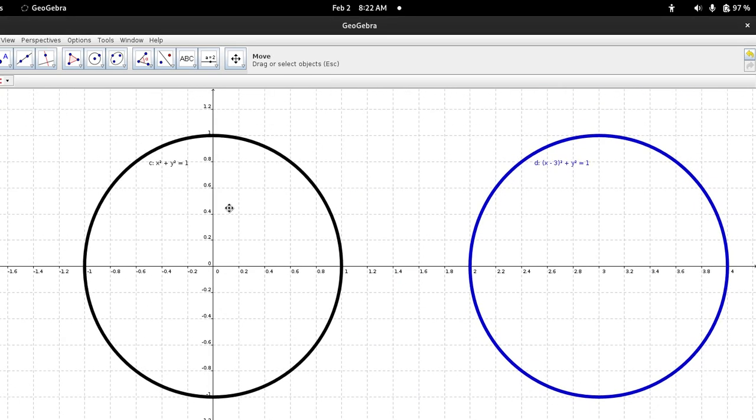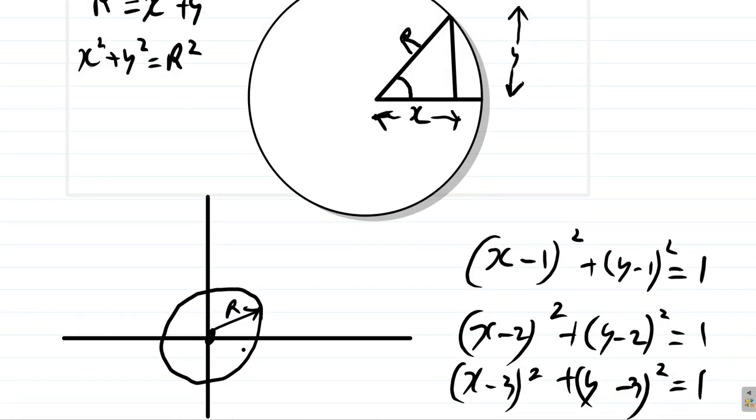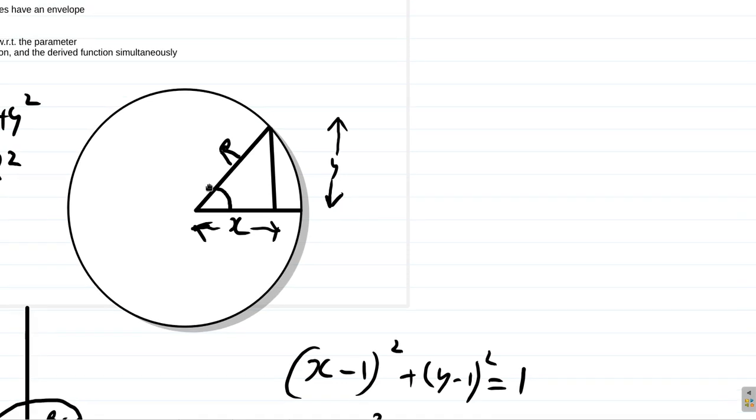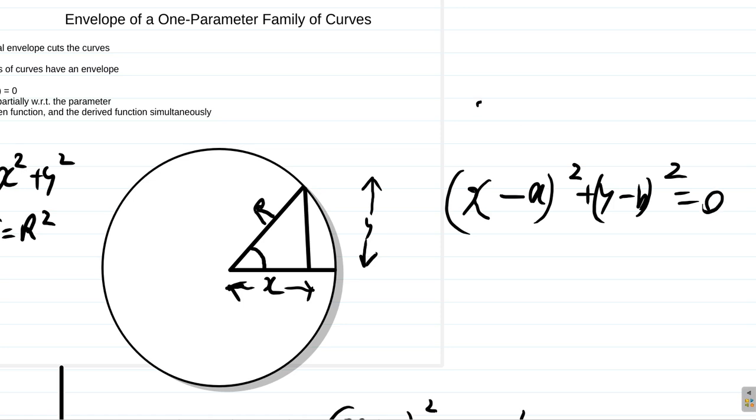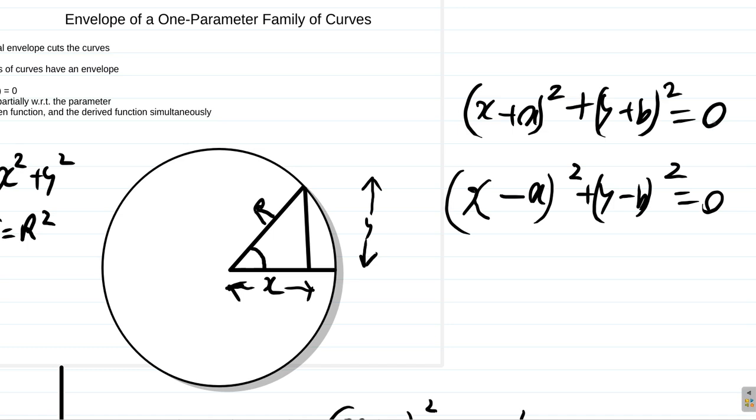So you see the general equation of a circle would be x minus a squared plus y minus b squared equals r squared, or x plus a, which could be negative, squared plus y plus b squared equals r squared.